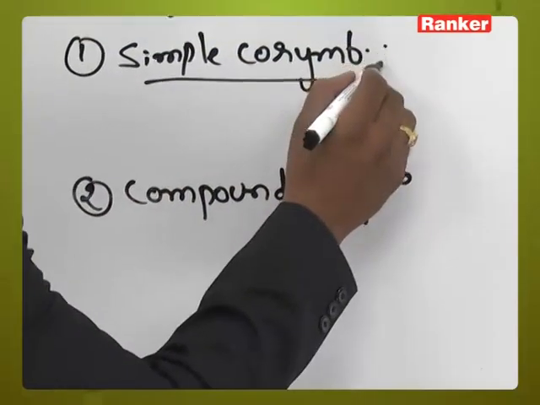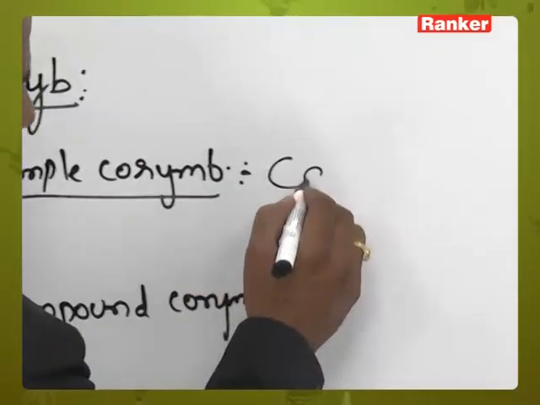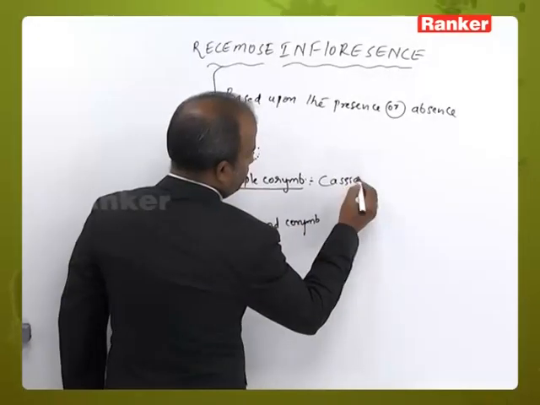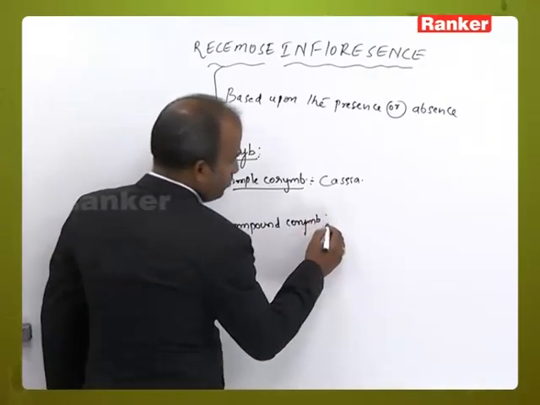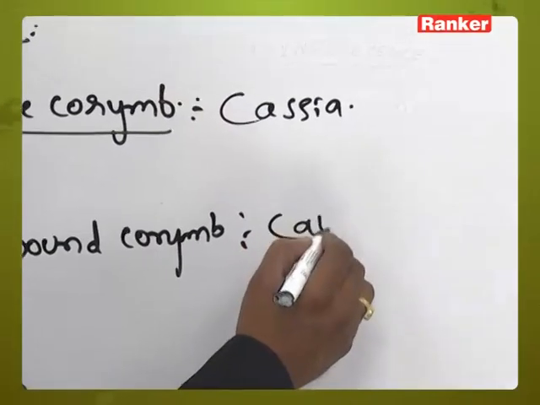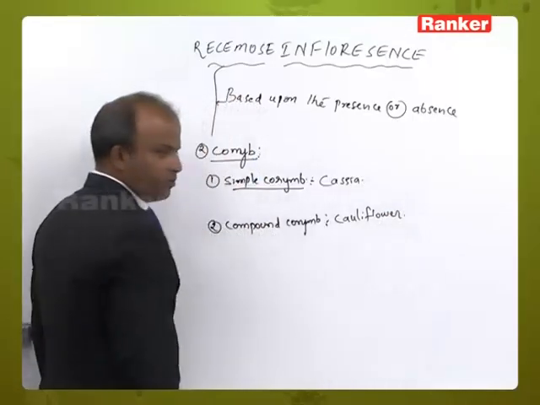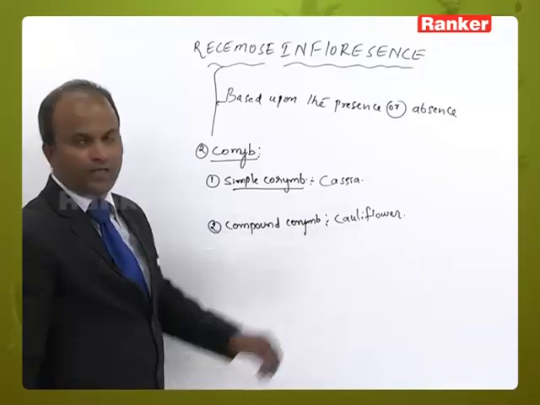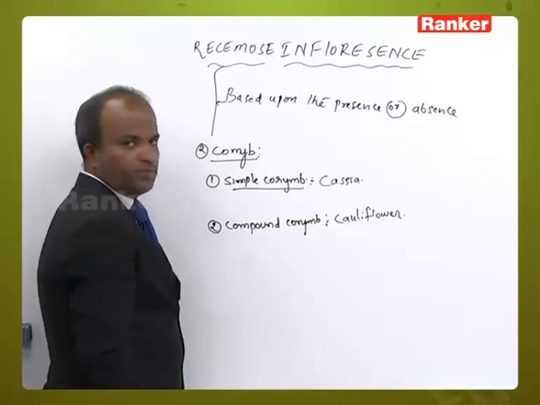For simple corymb, which one is the example? Cassia is one of the examples. And for compound corymb, which one is the example? Cauliflower.